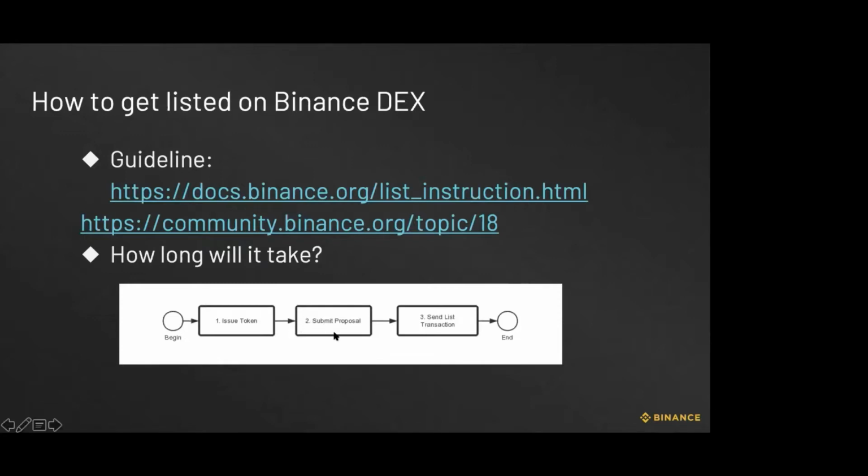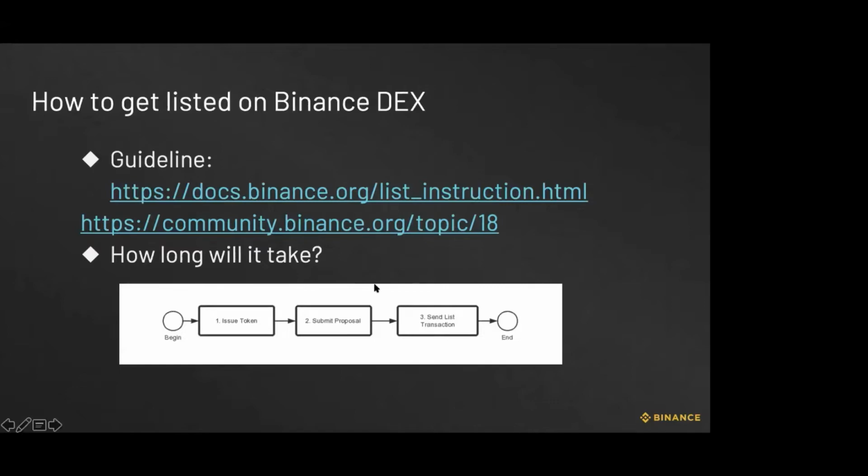This is composed of 2 parts. First, you need to submit a submit proposal transaction into the blockchain network, and also you need to follow this topic and write a post to explain your project and the usage of your token to the validators.